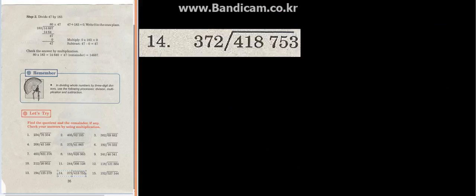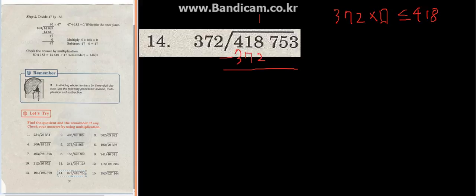So question number 14. Let's see. This time we have to multiply a certain number with 372 to make it close to 418, and this is easy. We'll just write down 1. If we write down 1, it'll be 372. Just a moment.